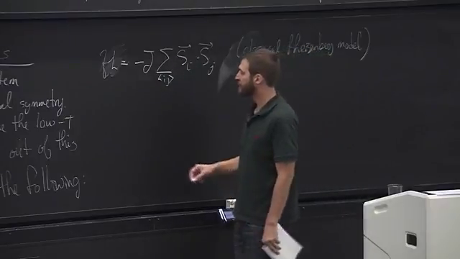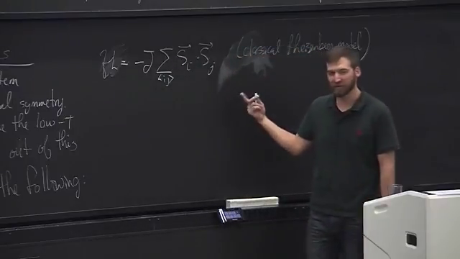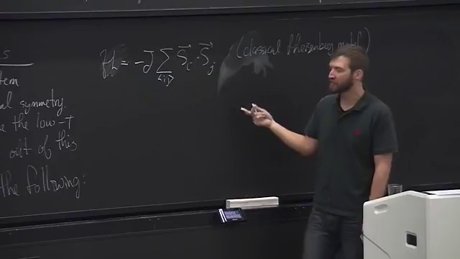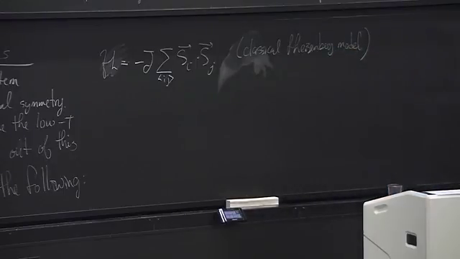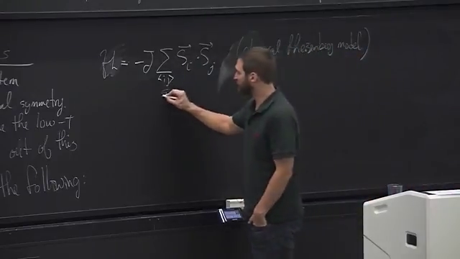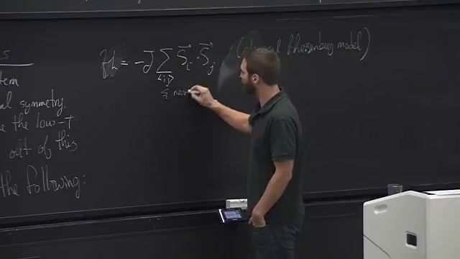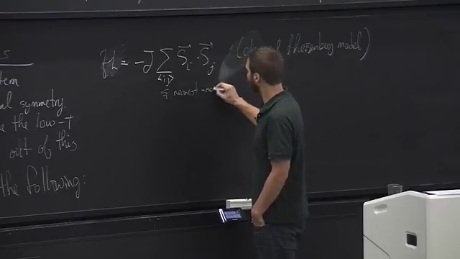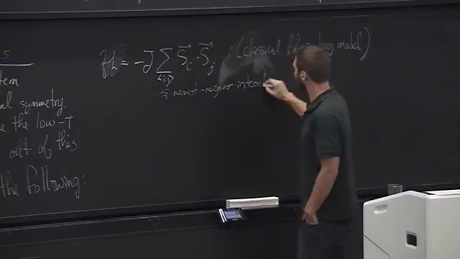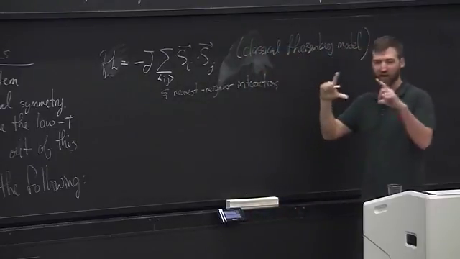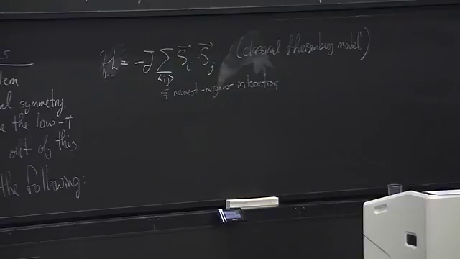To consider the excitations out of this state, let's do a simple calculation like we did for phonons, for lattice vibrations in 1 dimension. If you haven't seen this before, this is nearest neighbor: the sum over angle bracket ij of S_i dot S_j.